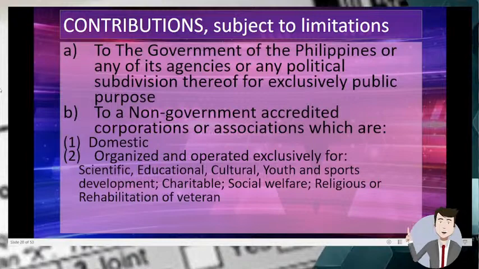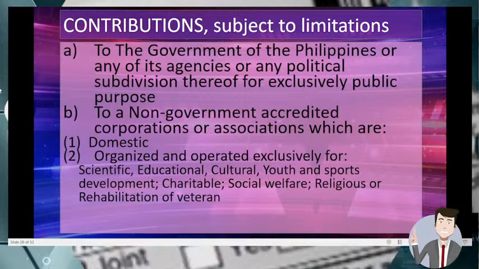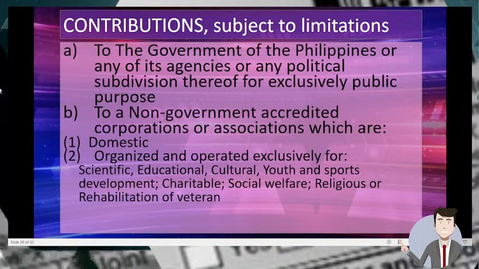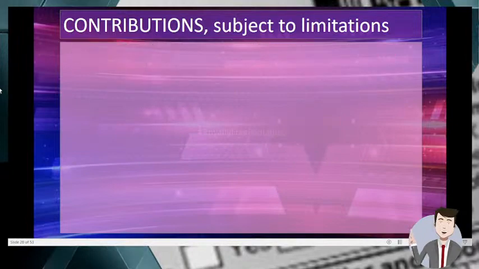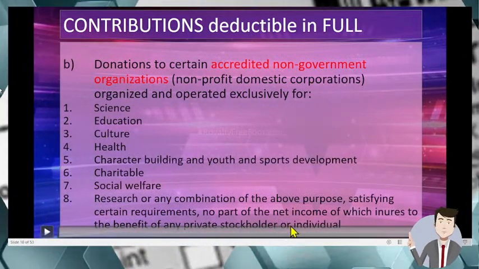Okay, so that is scientific, educational, cultural, youth and sports development, charitable, social welfare, religious, or rehabilitation of veteran. So the missing link with regards to letter B is that number 8.